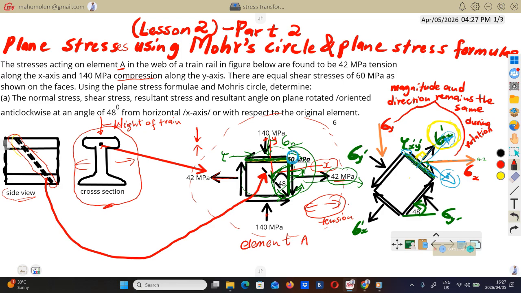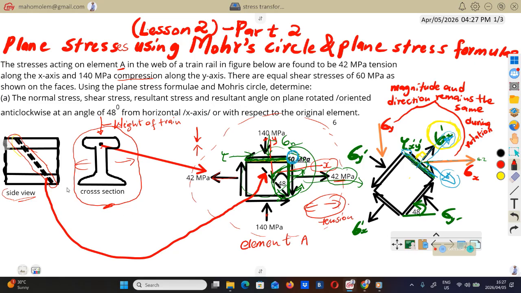To find those stresses along this inclined plane, we are going to use this method that I'm going to show you, which is either using Mohr's circle or the plane stress formula.